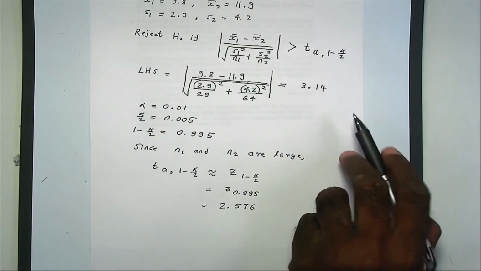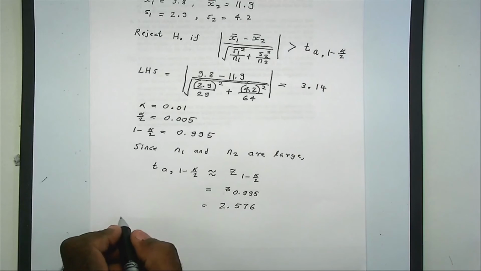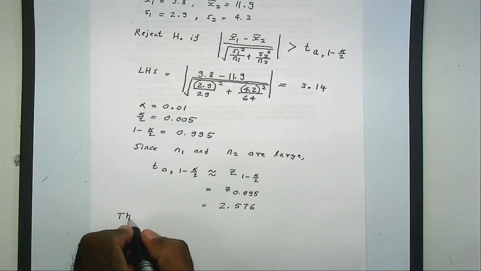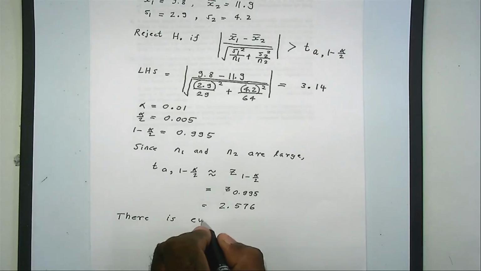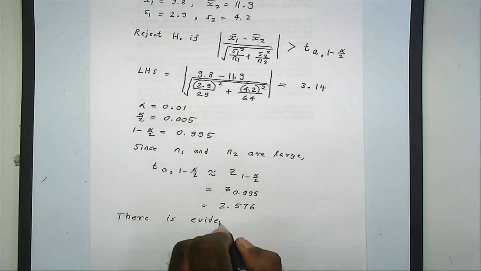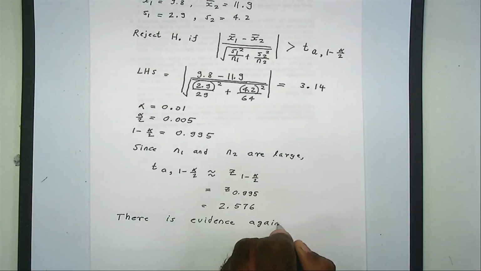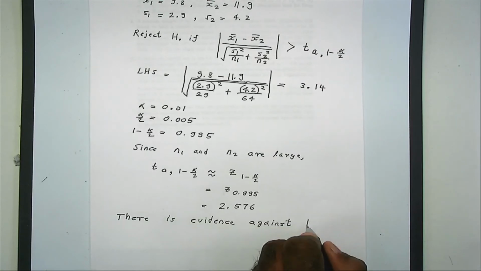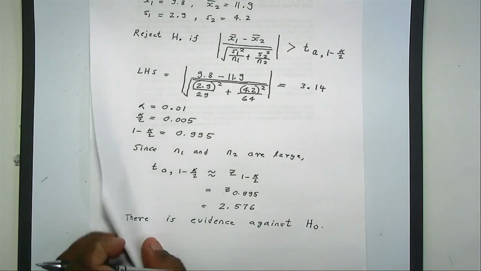And clearly 3.14 is greater than 2.576. So the conclusion is that there is evidence against the null hypothesis. That completes question 4.